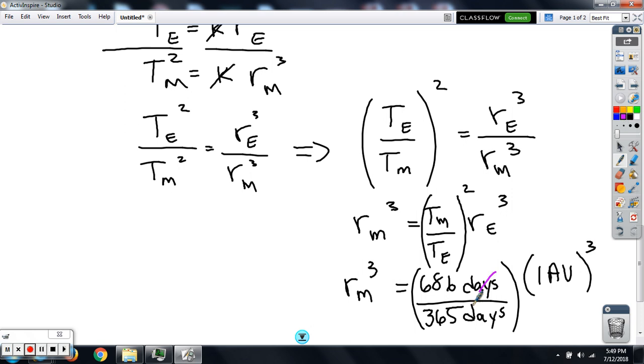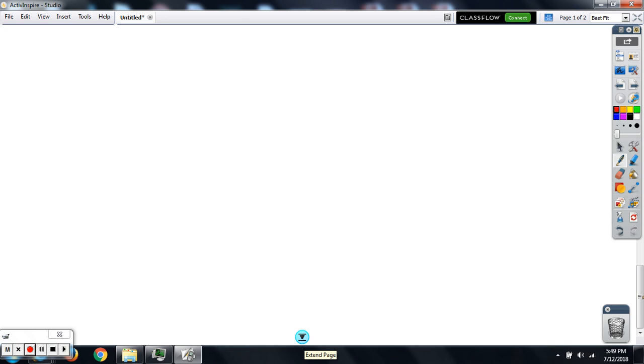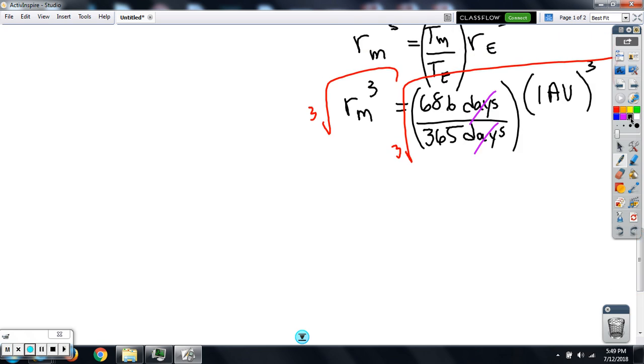The days cancel, and when I take the cube root of both sides, I'm going to get what's left over, which is going to be Rm equals whatever this is, 686 divided by 365 cube rooted.